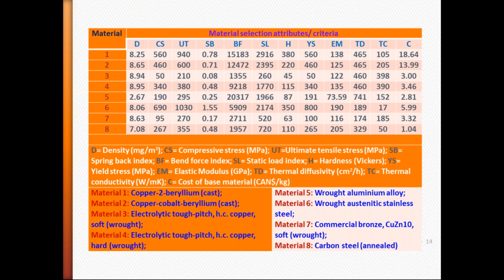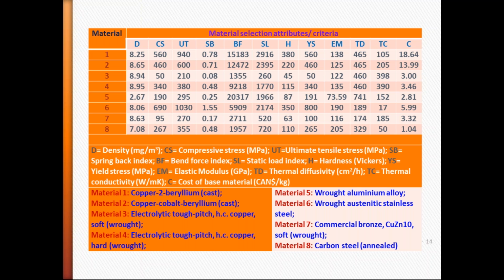I repeat, you follow the row for material 1 in which the D value is 8.25 in the appropriate unit, CS is 560, UT is 940. Can we add all values and tell the sum is the equivalent single index? The answer is no, we cannot.